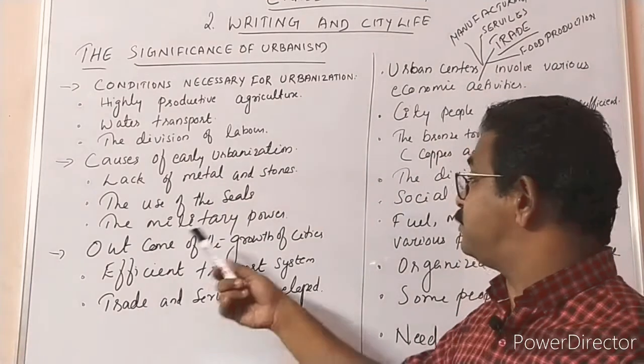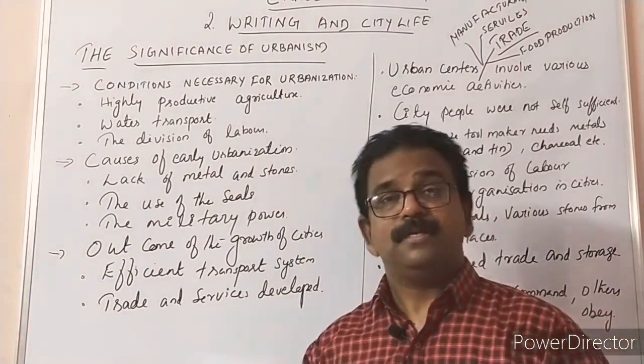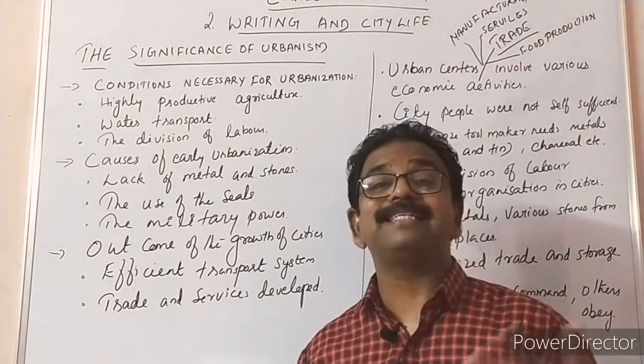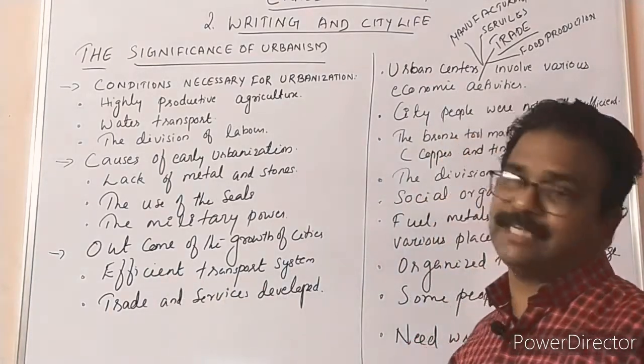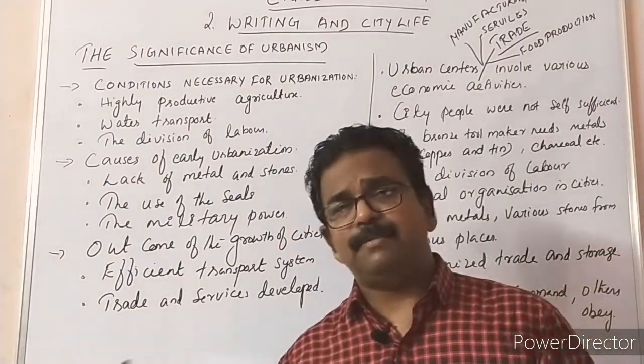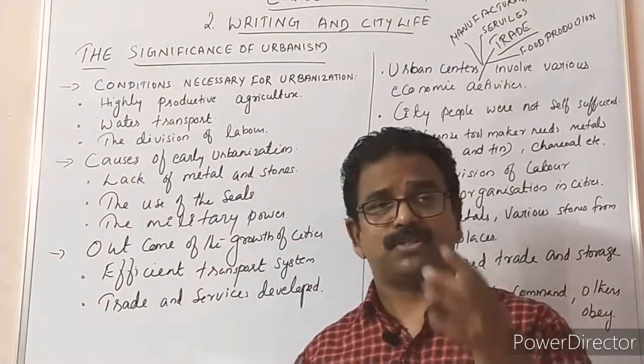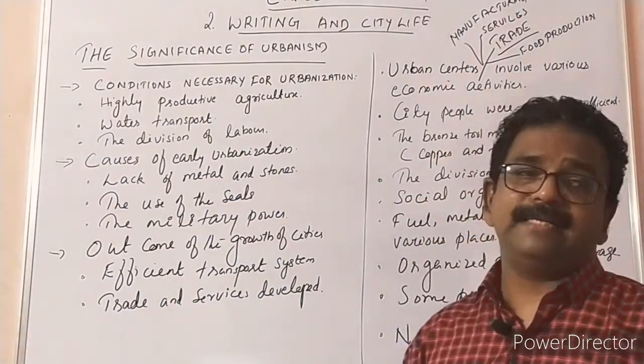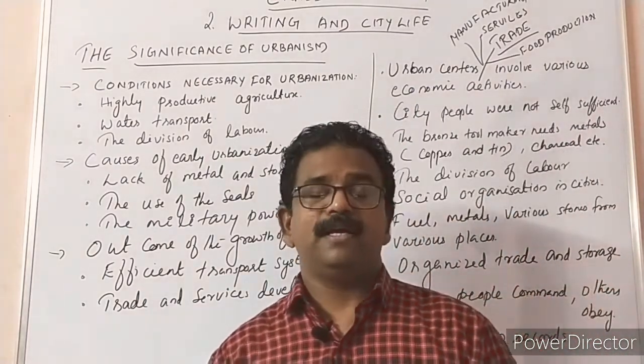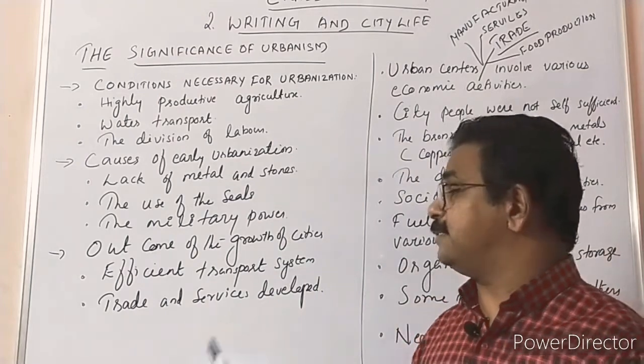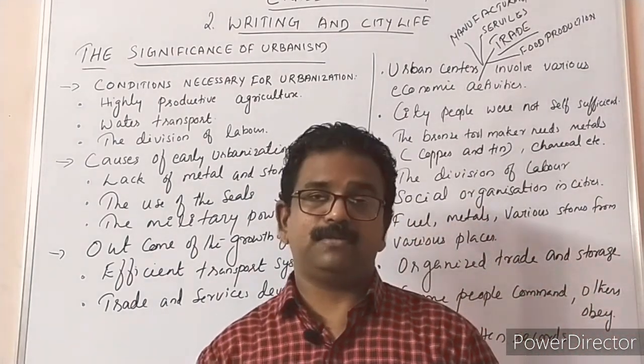What are the outcomes of the growth of cities? When a city grows, what were the outcomes? What is the result? An efficient transport system, no doubt. Once a city is formed, 100% an efficient transport system will be built, and trade and services also developed. Obviously, business happened, that means trade and services also developed.